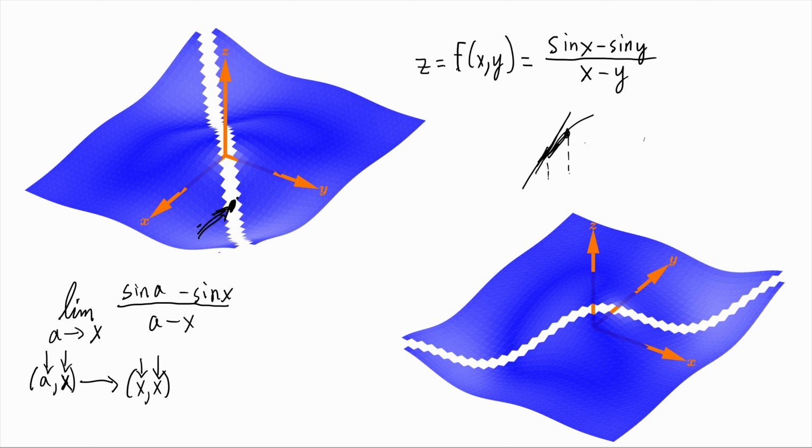But couldn't we get to the same place by doing something else? Couldn't we head to it in this direction? In fact, we could get to it by going in any direction. Really, we should get to the exact same place, because this surface is a nice continuous surface away from where it's not defined.